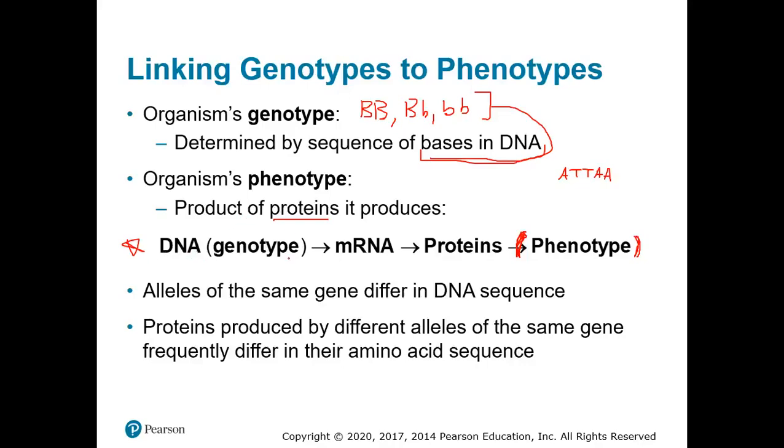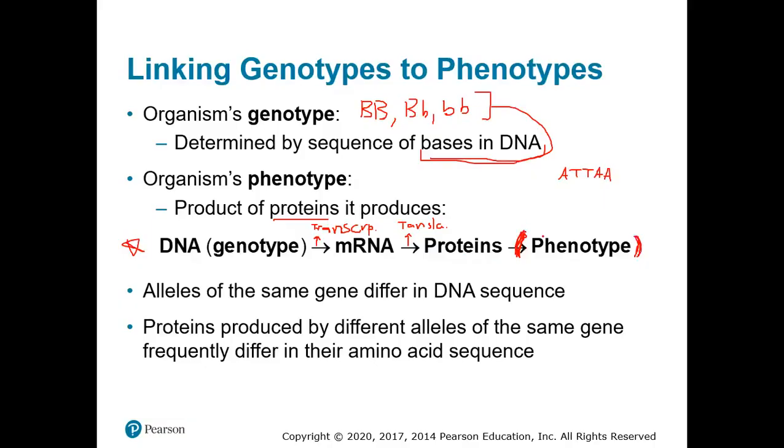DNA, or the genotype of an individual, through transcription, becomes an mRNA messenger, and that mRNA messenger through translation becomes a protein, and that protein is directly responsible for an organism's phenotype.